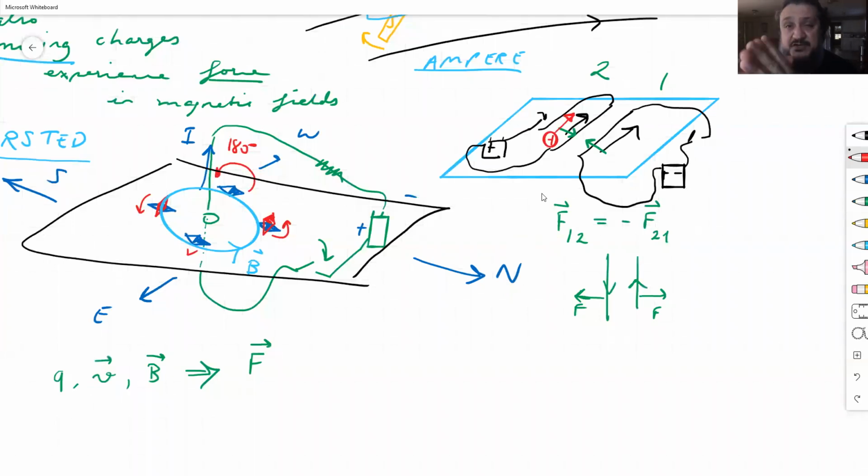You know, that's the direction of the positive charge. So we're gonna generalize this, okay? We're gonna say, if there is a single positive charge moving in a magnetic field, there will be a force on it. Now, if this force is in this direction towards the other wire, so we have this V pointing this way, and the force happens to be in a direction perpendicular to that velocity vector.